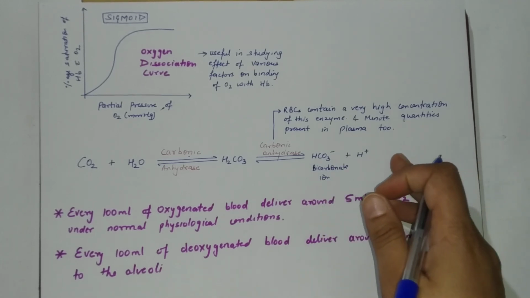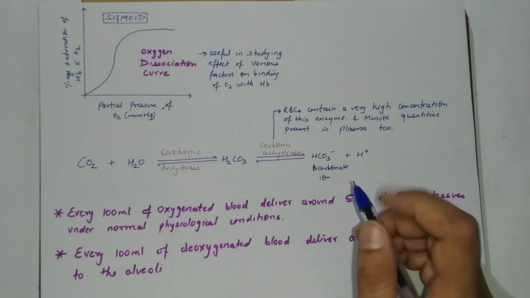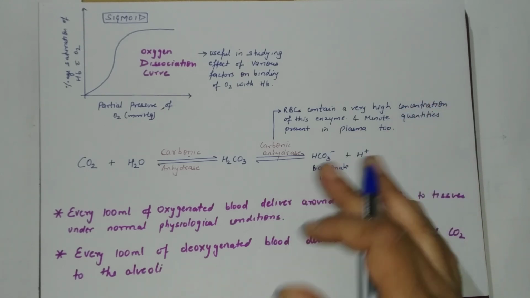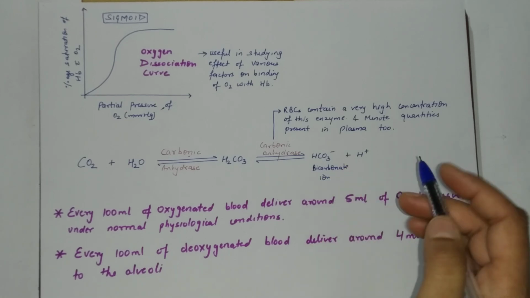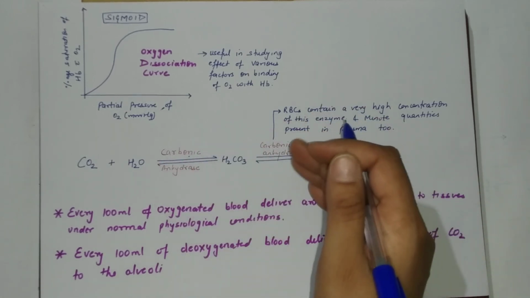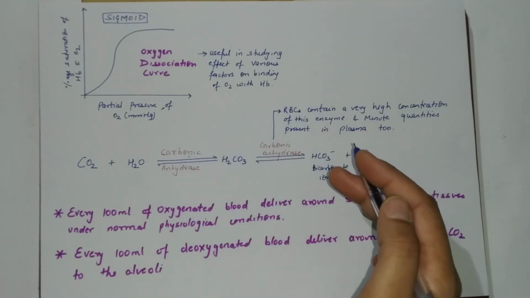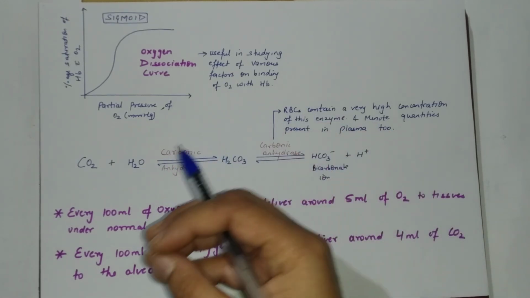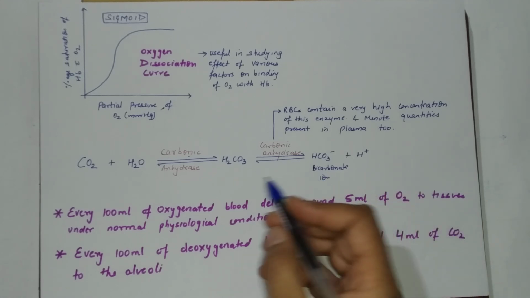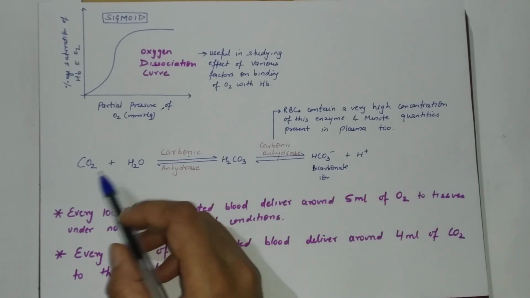This bicarbonate ion is carried to the alveoli through the blood circulation, where the partial pressure of CO2 is low. This reaction is reversible, so it can move in either direction depending on the concentration of the reactants and end products.